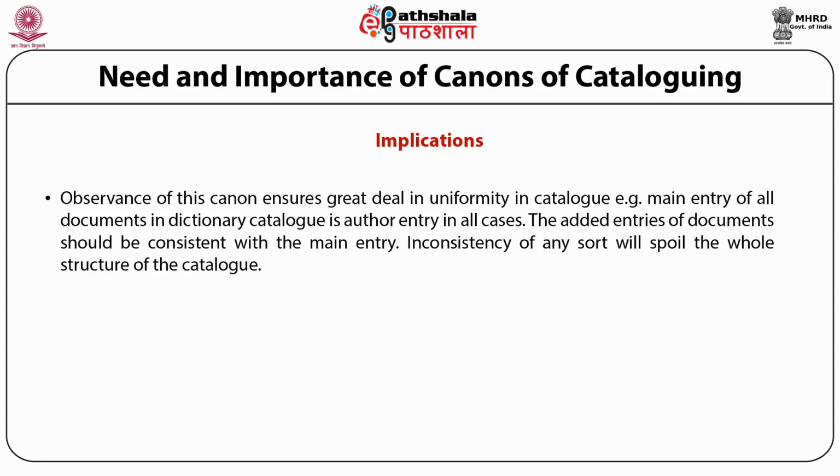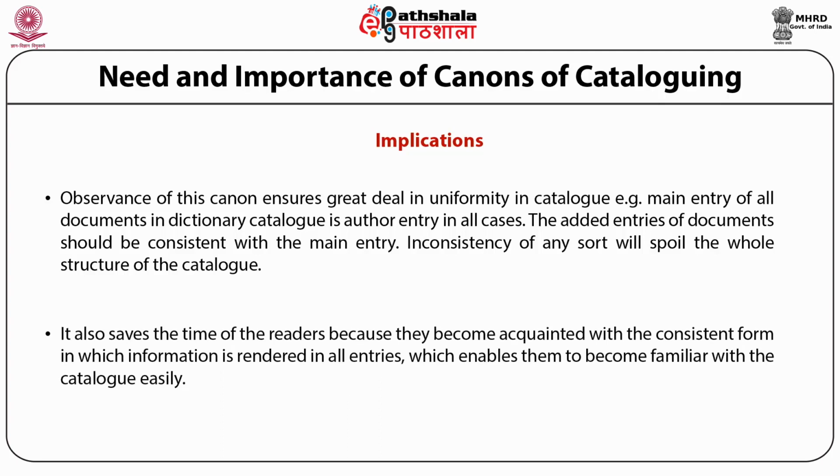Inconsistency of any sort will spoil the whole structure of the catalog. It also saves the time of the readers because they become acquainted with the consistent form in which information is rendered in all the entries, which enables them to become familiar with the catalog easily.